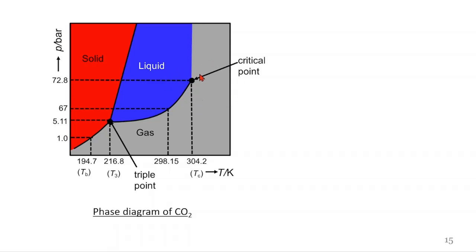The critical point lies somewhere there, 304.2 Kelvin. The corresponding pressure is 72.8 bar. The triple point lies there. It happens at 216.8 Kelvin and at a pressure of 5.11 bar.